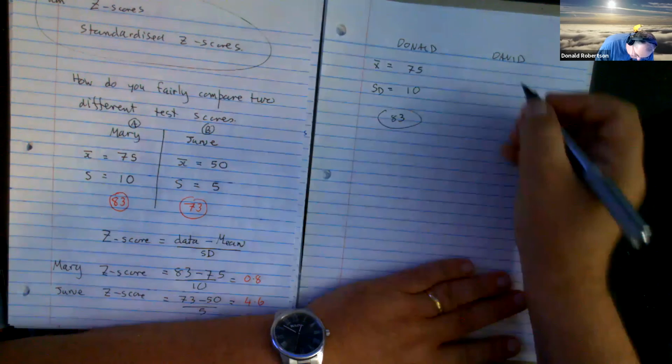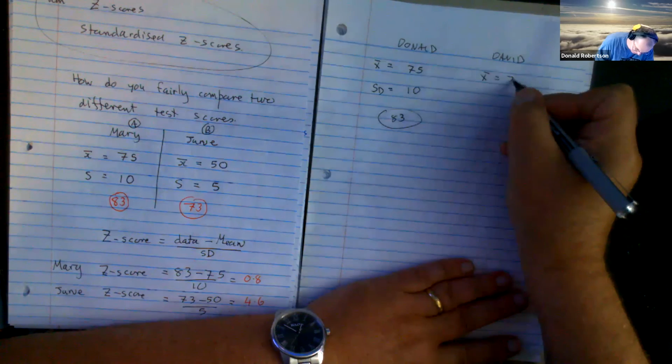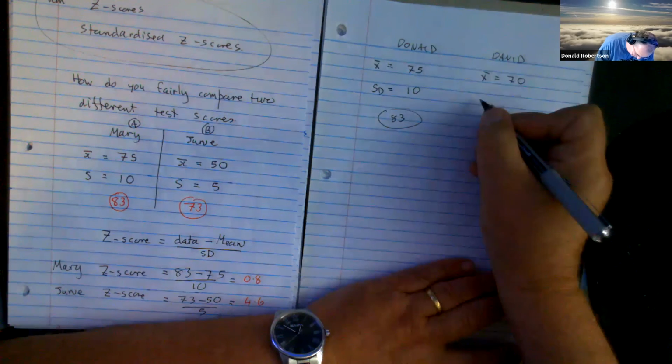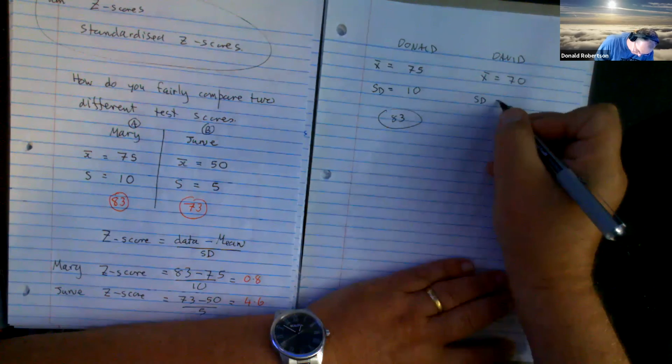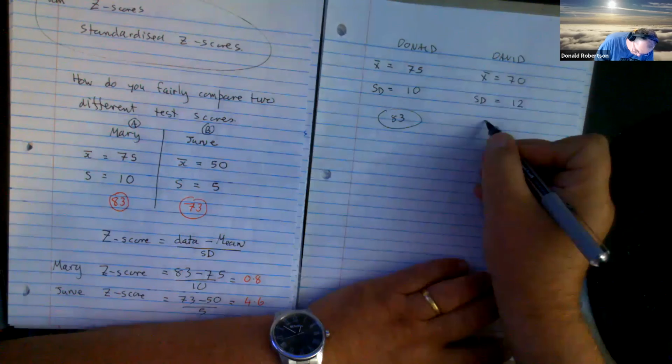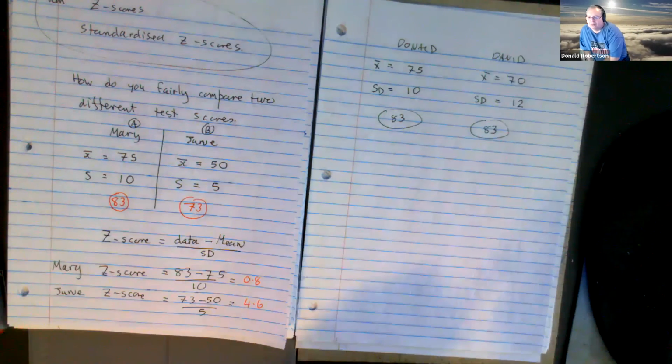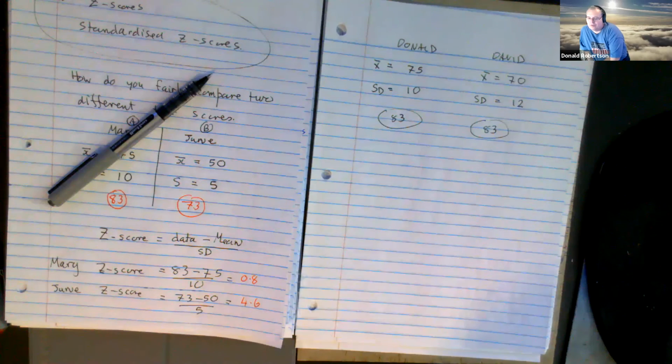And my brother David, he got a class mean of 70, and the standard deviation was 12. And he also got 83. Who did best? Use Z-scores to find out. Me or my brother David?